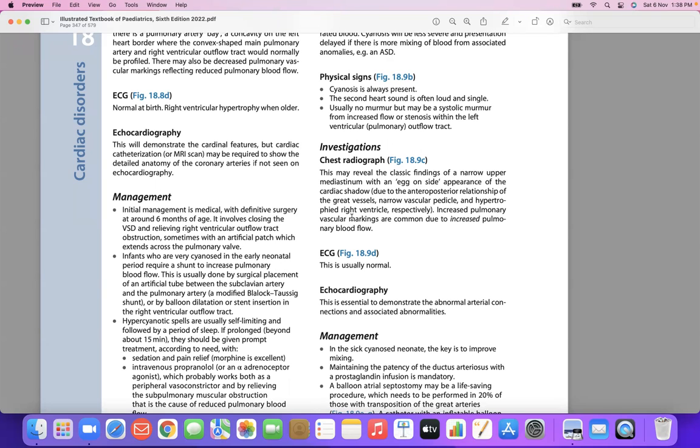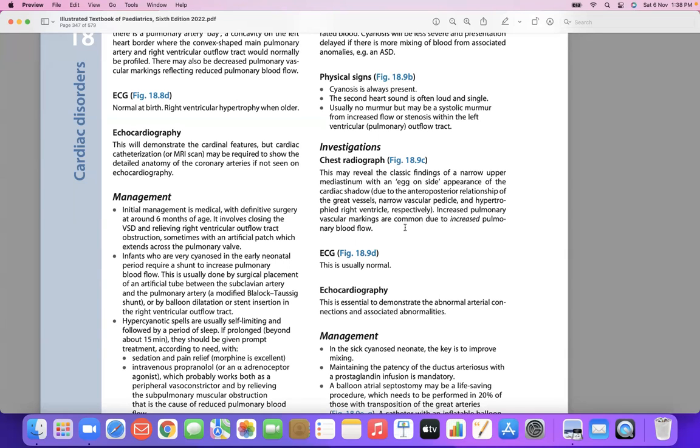There can also be hypertrophy of the right ventricle, because the right ventricle is taking the task of the left ventricle, as the aorta arises from the right ventricle and it is pumping blood to the whole body. So they may have right ventricular hypertrophy. This is the reason for the narrow upper mediastinum with egg-on-side appearance.